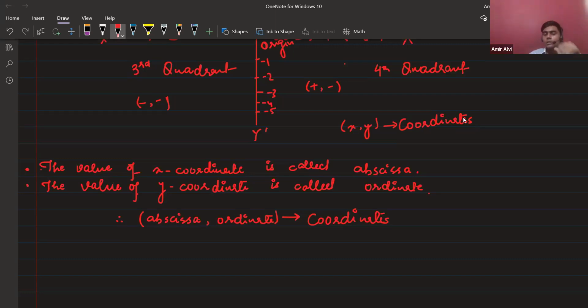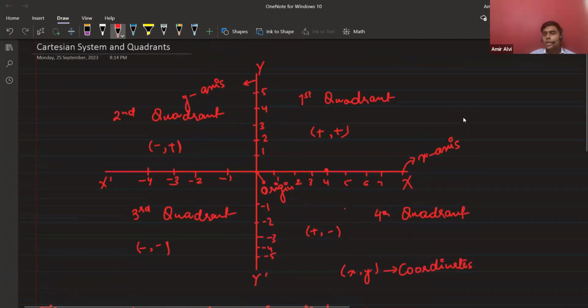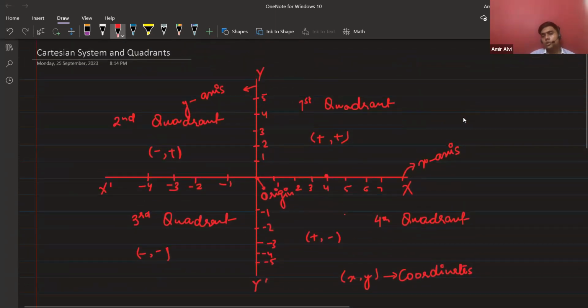And in some questions it says ordinate, which means it's talking about the y coordinate. Is this clear to you or not? Any doubt? Sure. Okay.